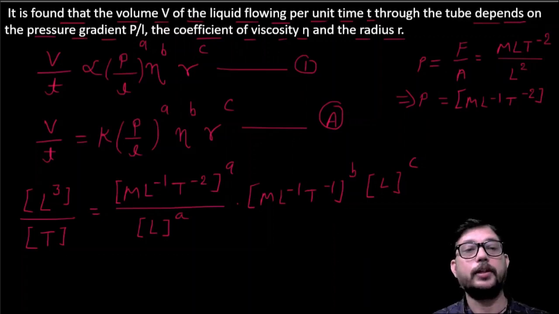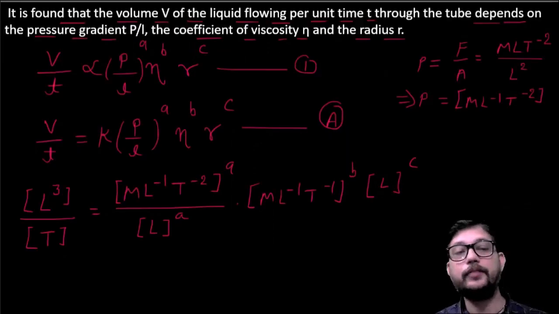Okay, now what? We have to rearrange this. What we have written is L to the power 3, and T is in the divide, so the power will be L to the power 3, T to the power minus 1.